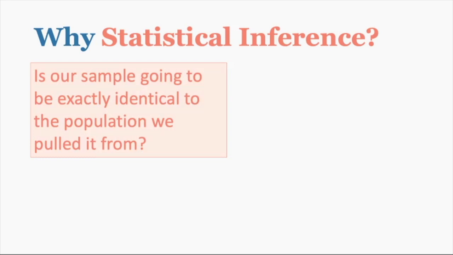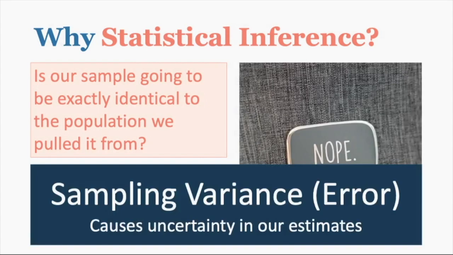The problem is our sample is not going to exactly be identical to the population that we pull it from. It's not going to have the exact same characteristics and factors. So what we have to account for is what's called sampling variance or sampling error. What that means is our estimates from our sample are not going to perfectly line up with the population.